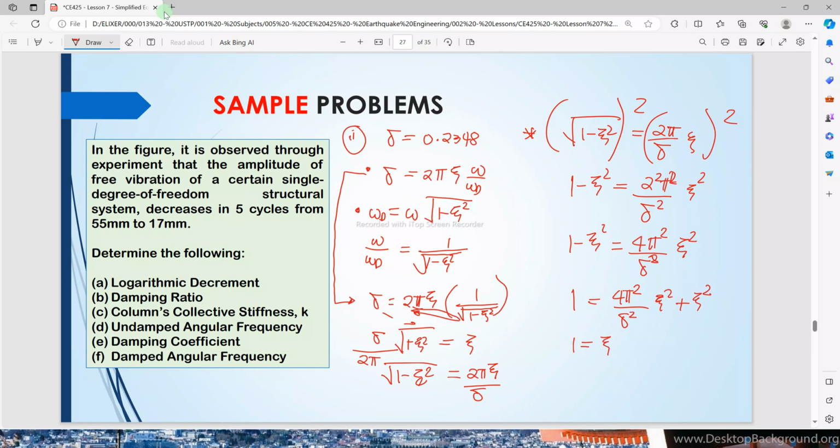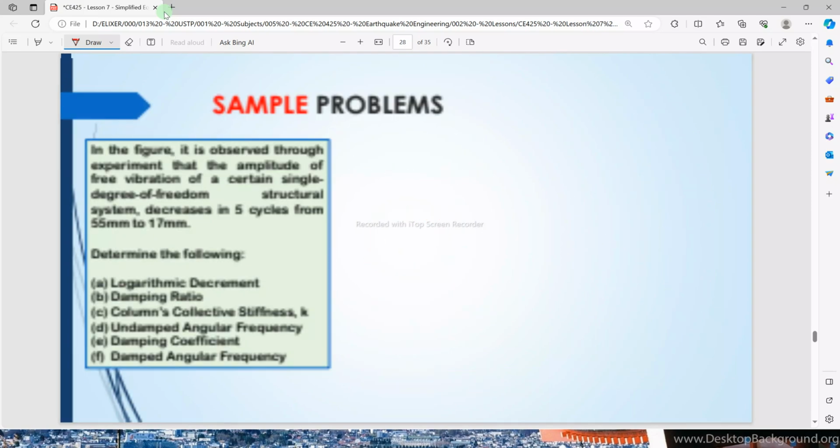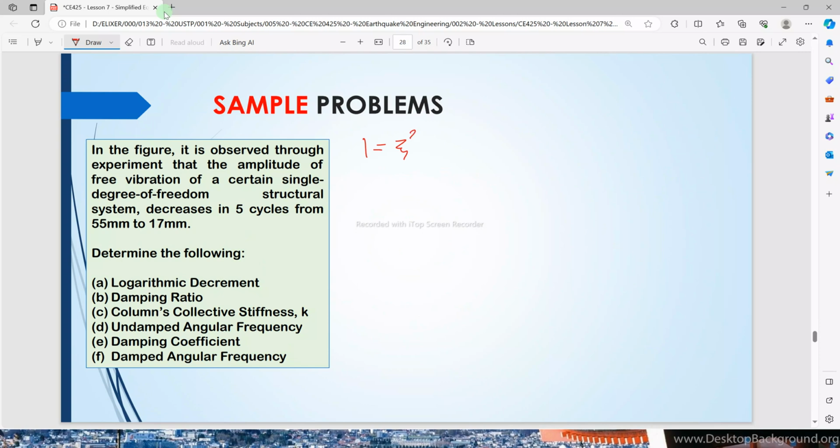We will have 1 is equal to psi squared times 4 pi squared over delta squared plus 1, or psi squared times 4 pi squared plus delta squared over delta squared.